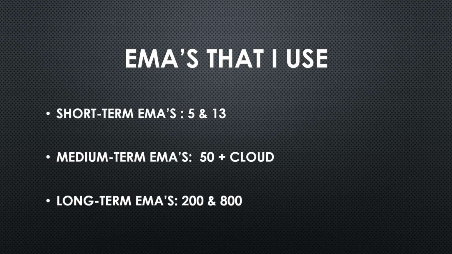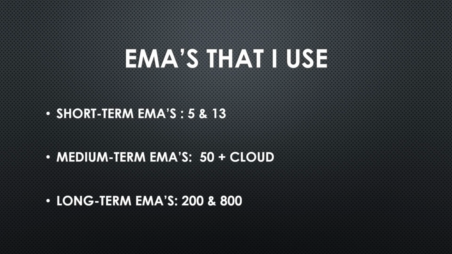So our short-term EMAs here are the 5 and 13. Our medium-term EMAs will be the 50 plus its EMA Cloud. The 50 EMA Cloud is just created by two different EMAs around the 50 EMA itself.